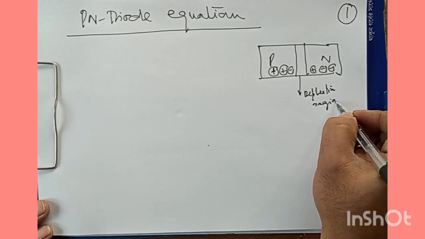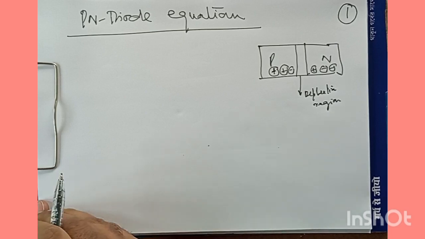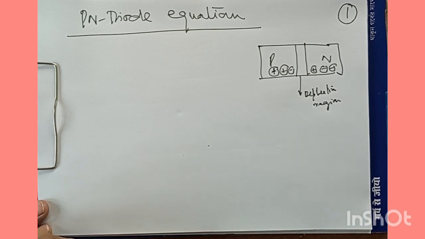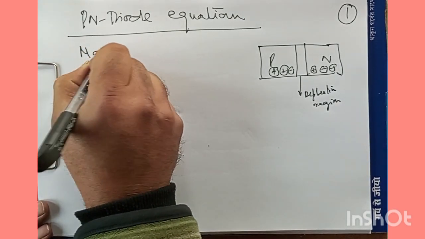What we are trying to do here is treat this PN junction through classical statistical mechanics, and we understand that classical statistical mechanics was completely established in terms of Maxwell-Boltzmann's distribution.